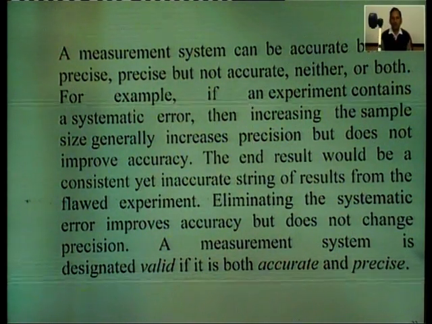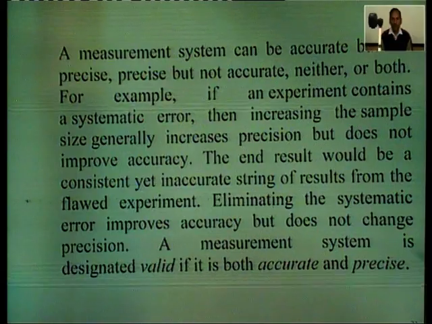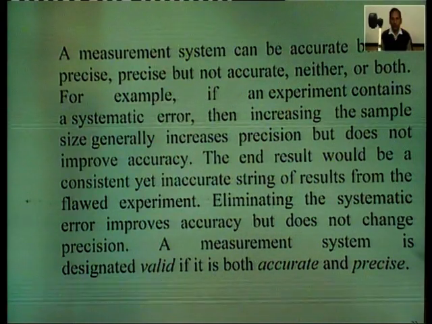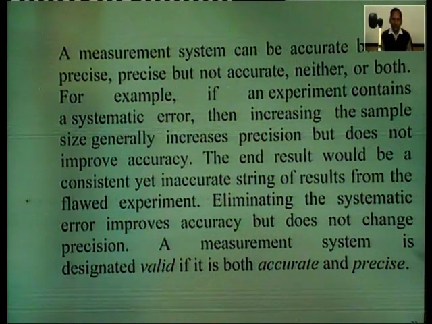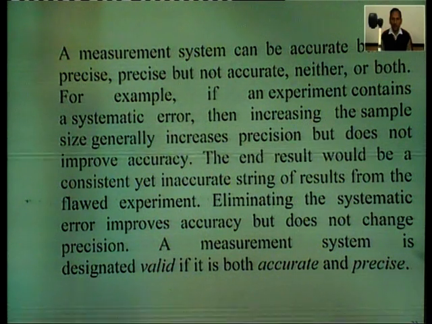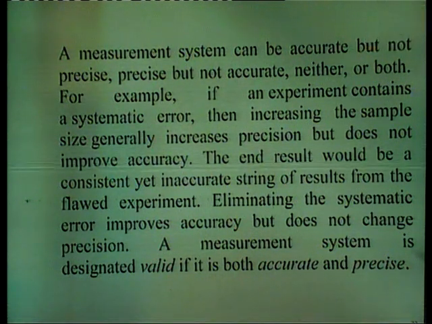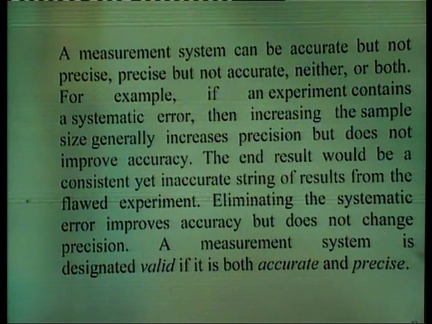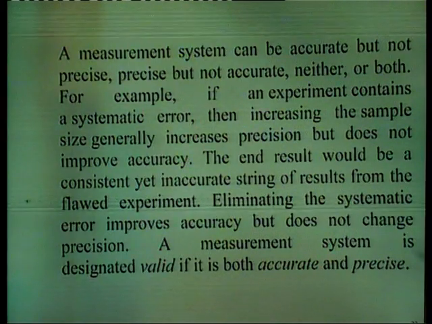A measurement system can be accurate but not precise, precise but not accurate, neither, or both. For example, if an experiment contains a systematic error, then increasing the sample size generally increases precision but does not improve accuracy.